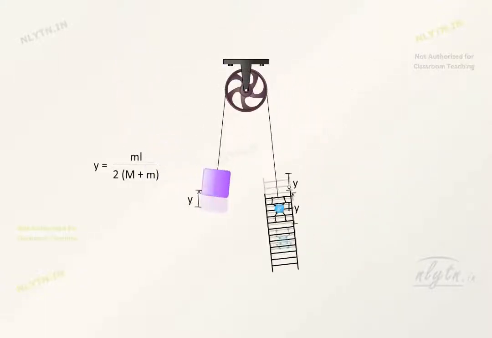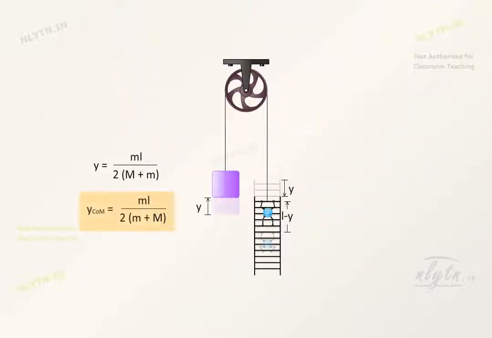This means that this block rises by the amount equal to the displacement of the center of mass of the system. But if the displacement of the center of mass of the system is equal to the displacement of this block, this means that the displacement of center of mass of this system should also be equal to this height.